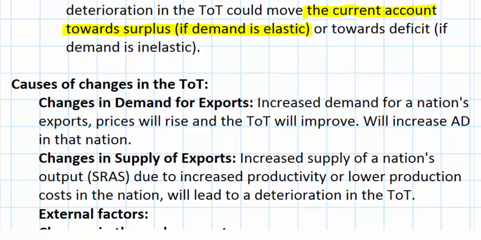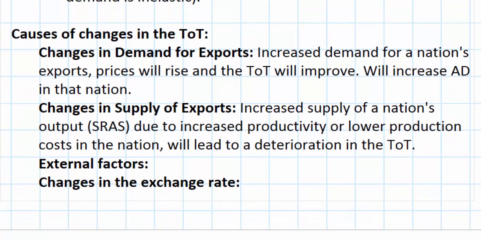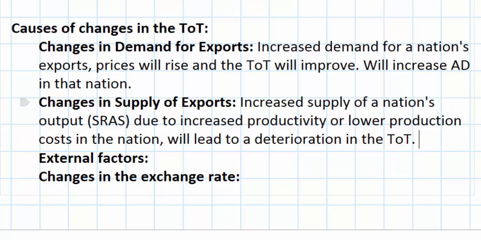In this scenario, however, a deterioration in the terms of trade could actually be good for the country because the lower export prices are the result of improved productivity and economic growth domestically. So this deterioration would actually be accompanied by an increase in national output and an increase in national income.